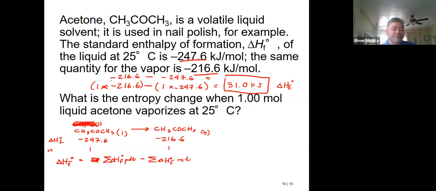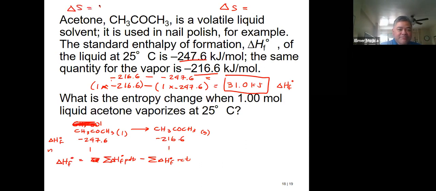You will say it's a transition from liquid to gas. So that means your delta H should be positive. Now the question is, what could be the delta S in terms of sign? Will it be positive or negative? Because usually, what did I say?